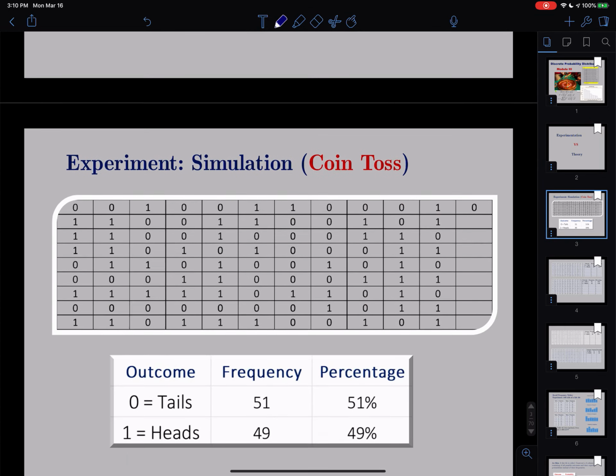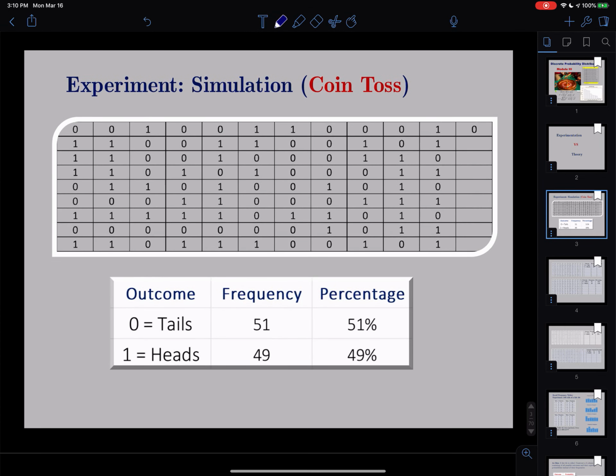I showed you guys the concept that once you experiment or simulate an experiment in probability and stats and then you do the counting, the outcomes don't necessarily match your theoretical expectation. I showed you the coin toss, and I tossed it so many times and counted the heads and tails, and it came up with 51 tails and 49 heads.